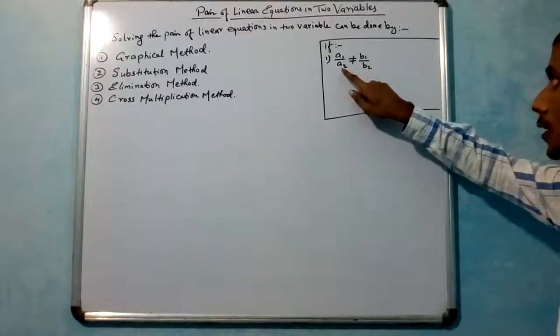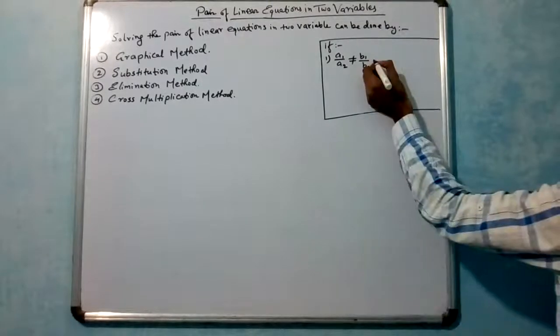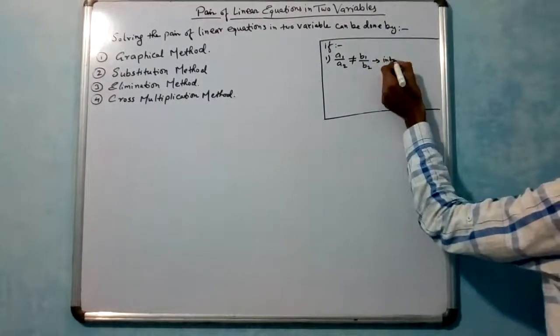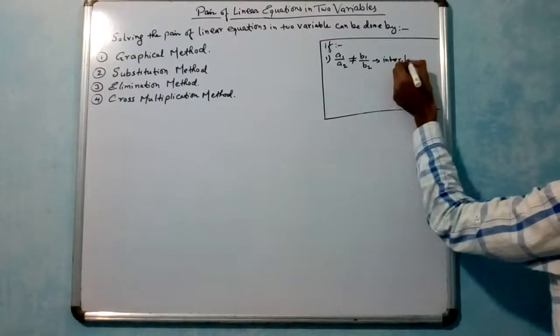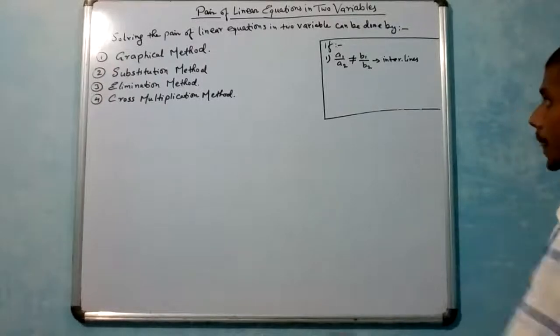The very first one. If A1 by A2 is not equal to B1 by B2, then intersecting lines means unique solution. No.